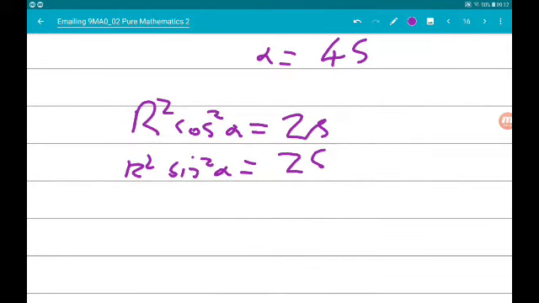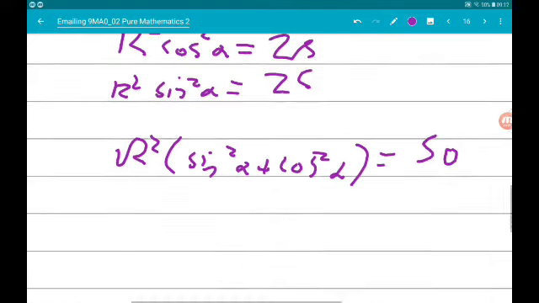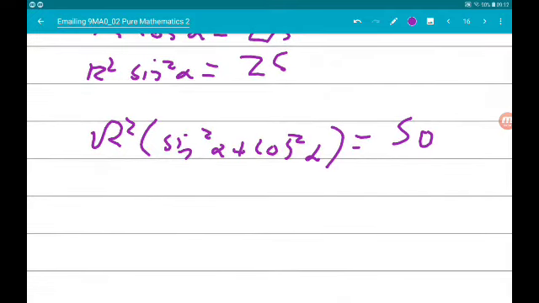From that, we can say that r squared times sine squared add cos squared is equal to 50. So all we've done there is add them together. Sine squared add cos squared is 1. So we get r squared is equal to 50. So r is root 50.